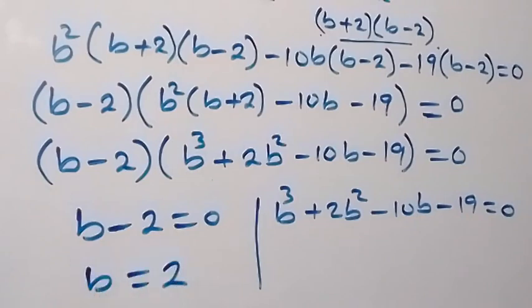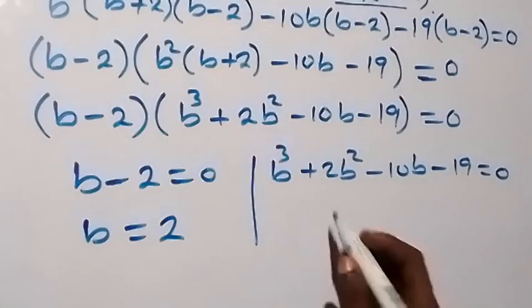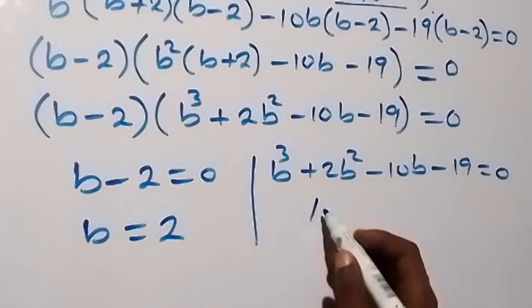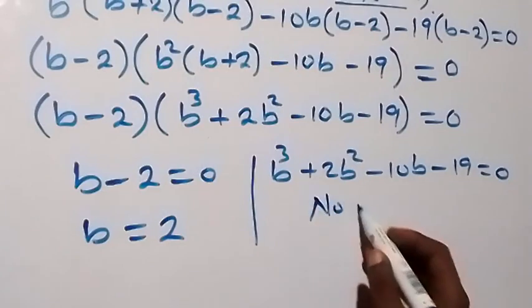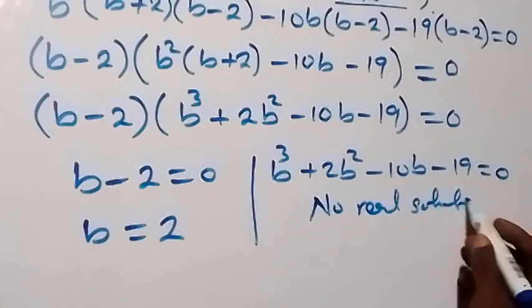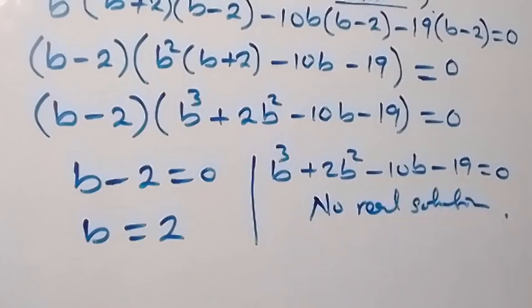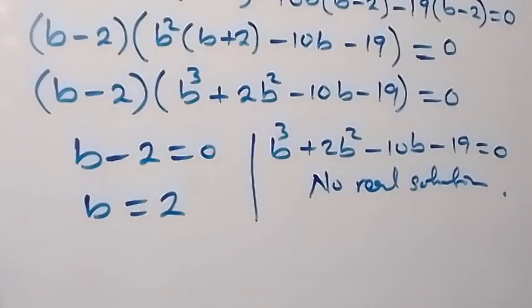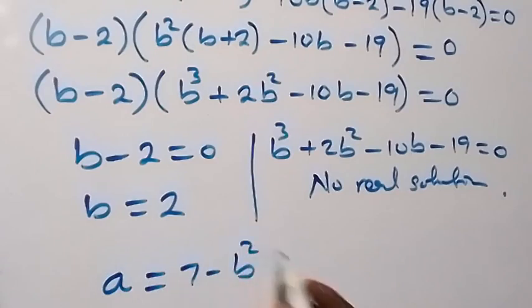From the other, there won't be a resolution, so no resolution on this side. Then we recall that from equation 5, a equals to 7 minus b squared.